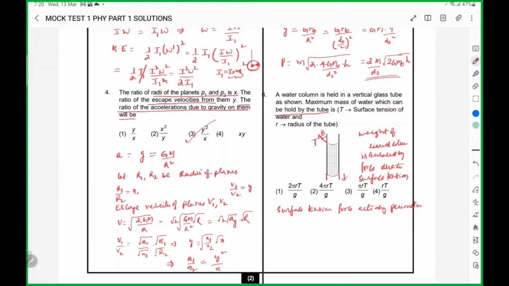So here it is tension, and this is the angle of contact. Its component is T cos theta. Everywhere it acts along the circumference.